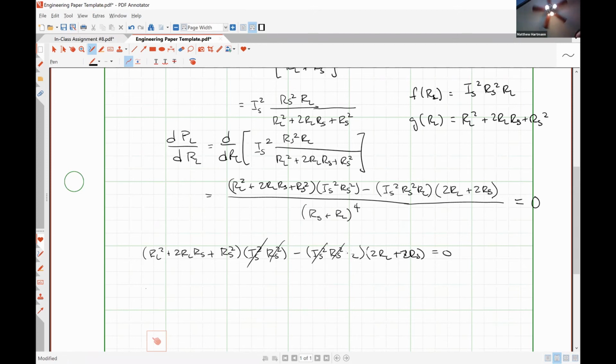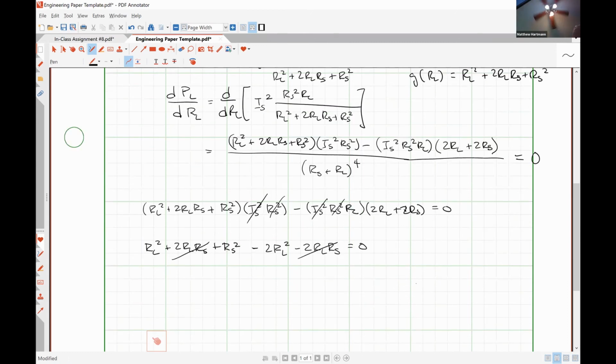So we have RL squared plus twice RL RS plus RS squared, minus twice RL squared, because that's RL times 2RL, minus twice RL RS is equal to 0. There we go. So we have a plus 2 RL RS and a minus 2 RL RS.